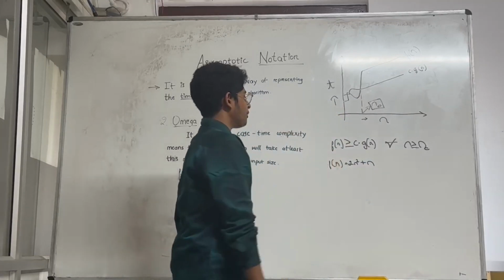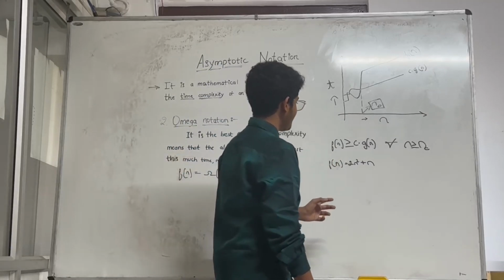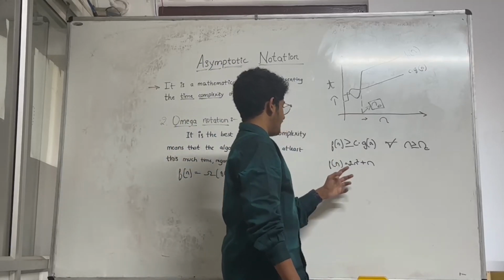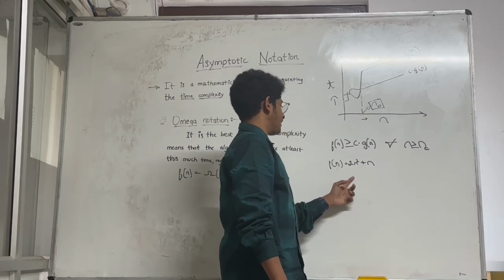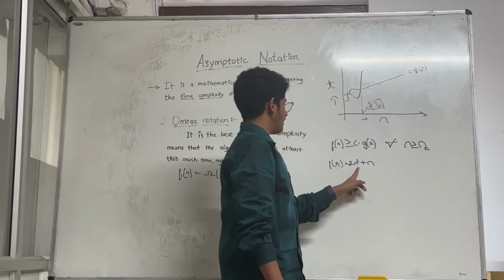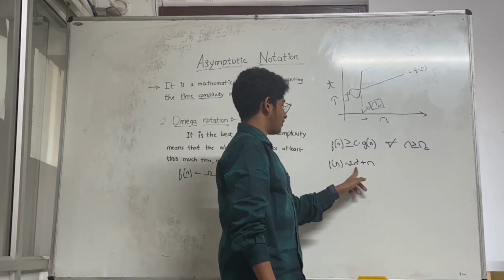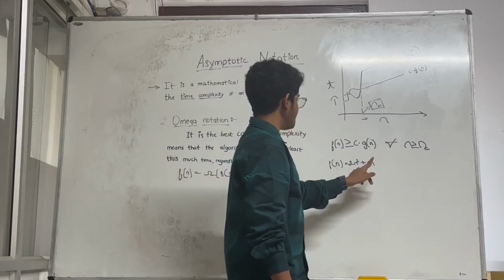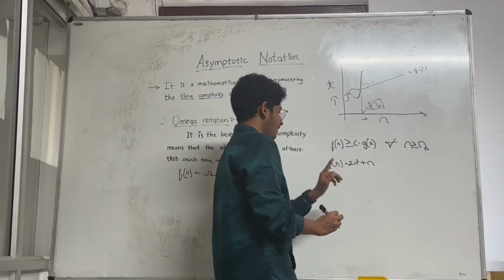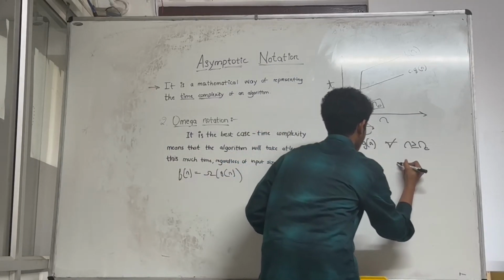Let us consider an example. f of n is equal to 2n square plus n. Here we have to select the g of n. The g of n is the term which grows faster among all the terms. Here 2n square is the term that grows faster than n. So we have to consider only n square as the g of n.